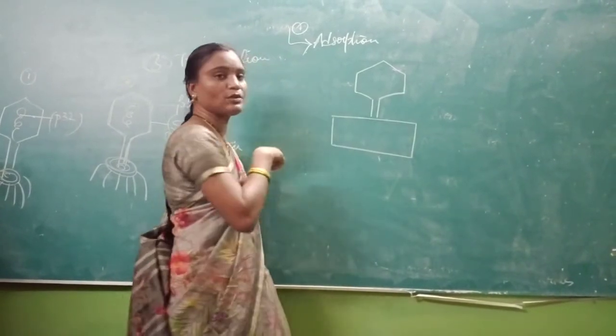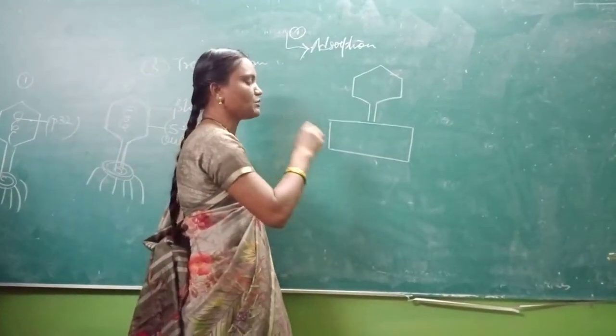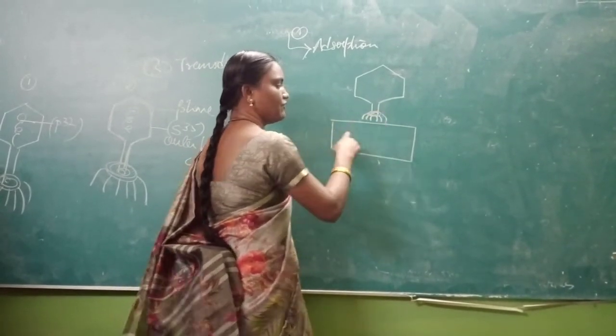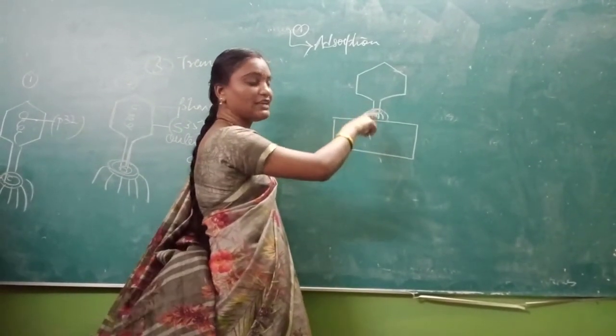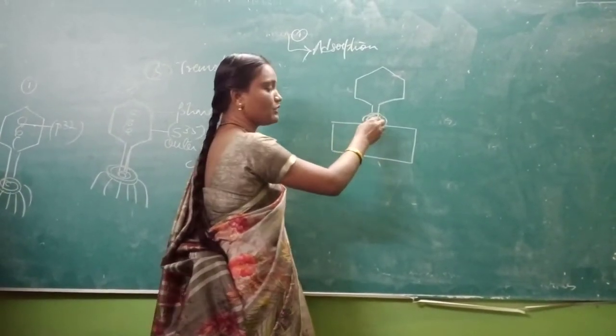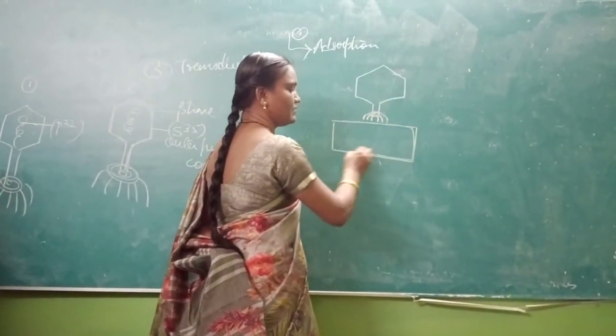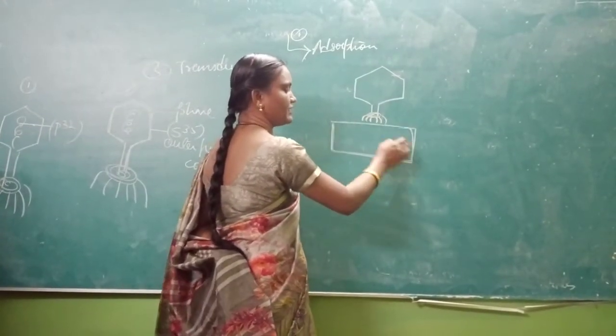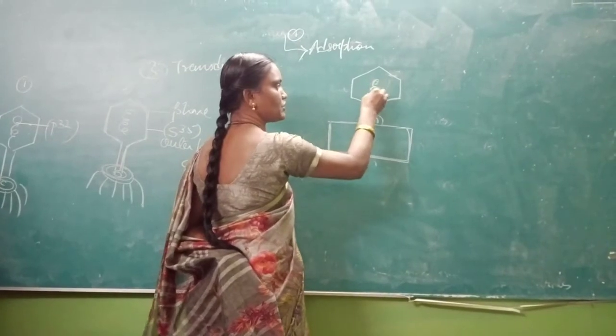This is the adsorption phase, meaning attachment. The phage molecules will try to attach or adsorb to the outer bacterial cell wall of the bacteria. So this is called adsorption.